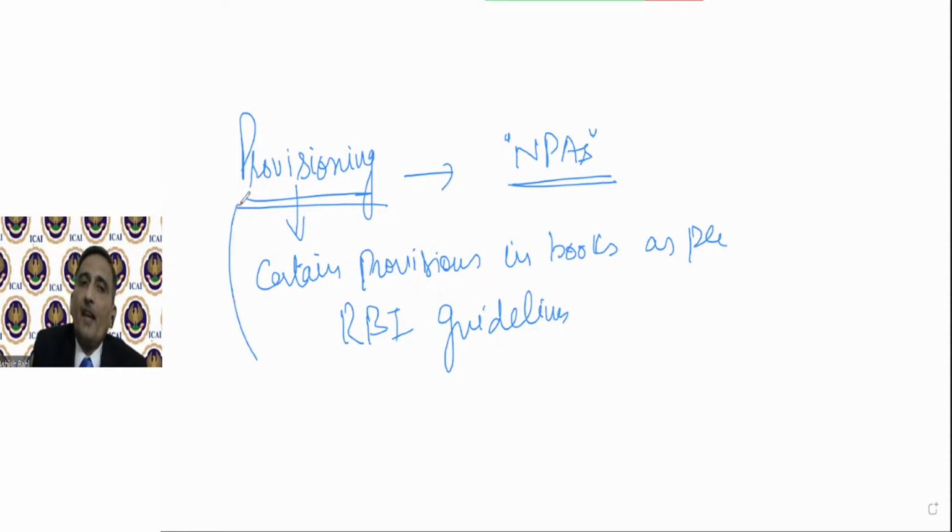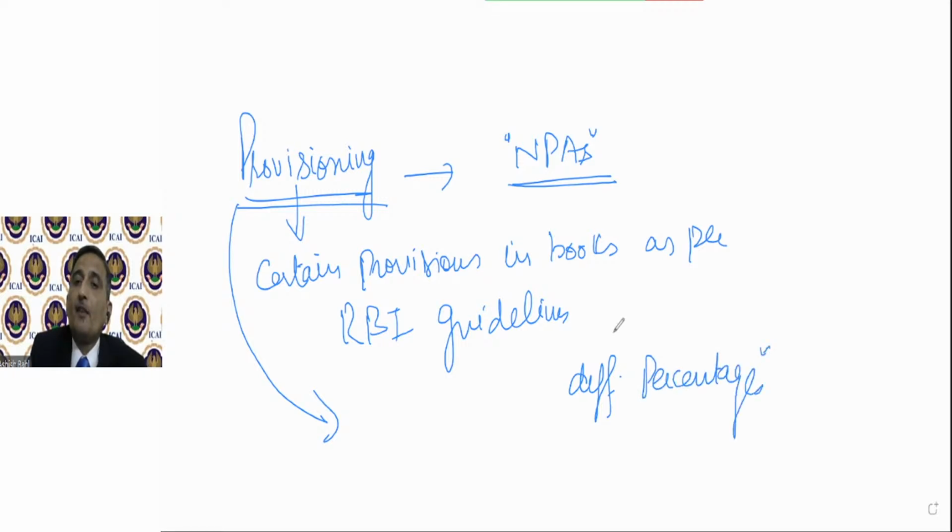There are different categories and different percentages for which provisions have to be made for different types of non-performing assets.